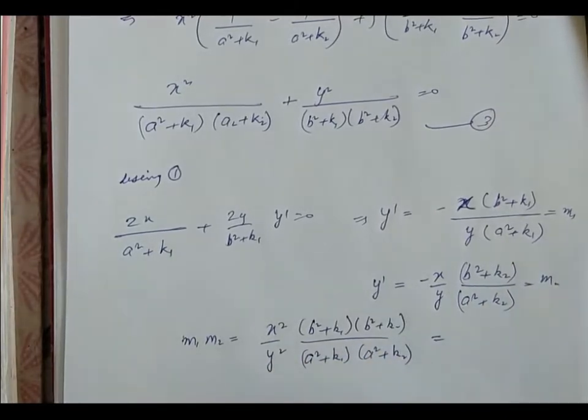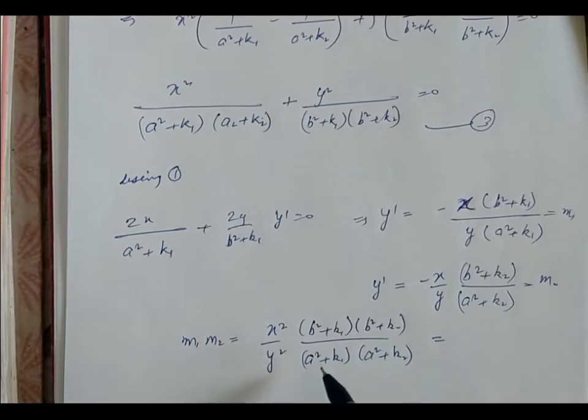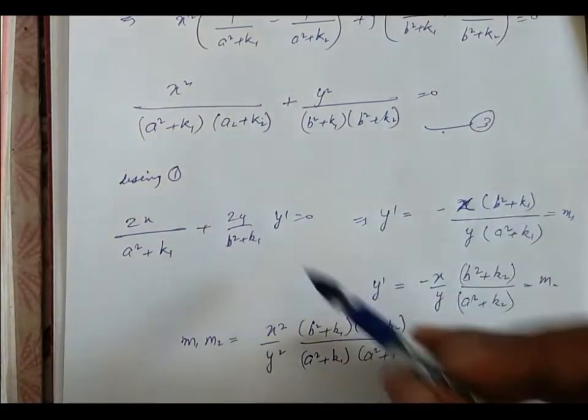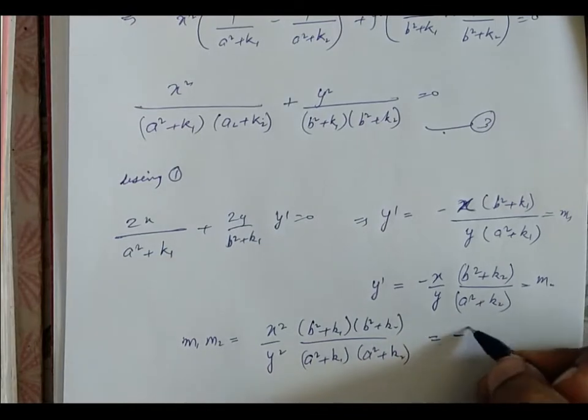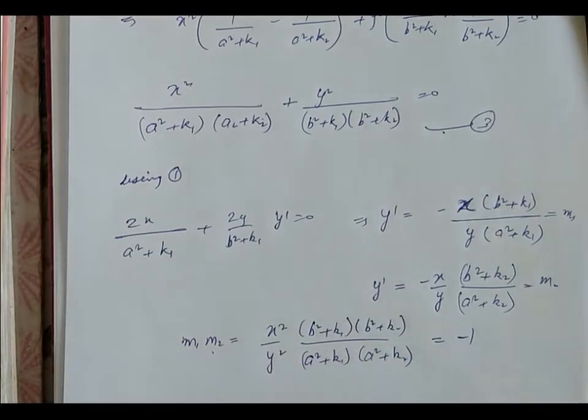Now we can see that from equation third, the value of this can be calculated as -1. Since m1 m2 equals -1, the two curves intersect orthogonally. Okay.